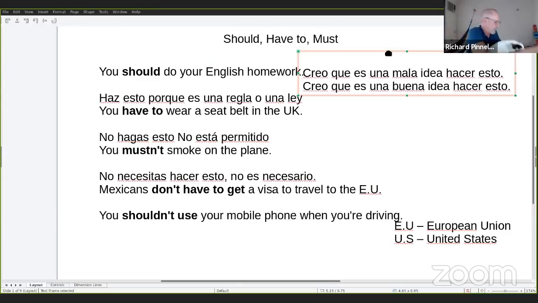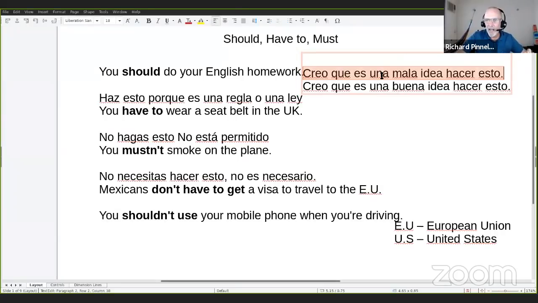Eso fue el culpable, uno de los locos. Ok, para seguir.